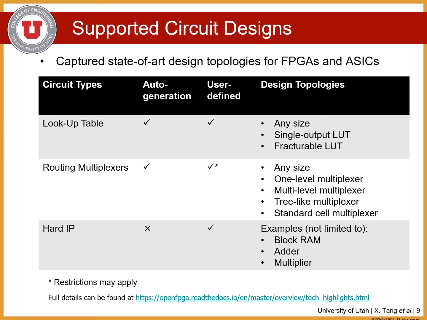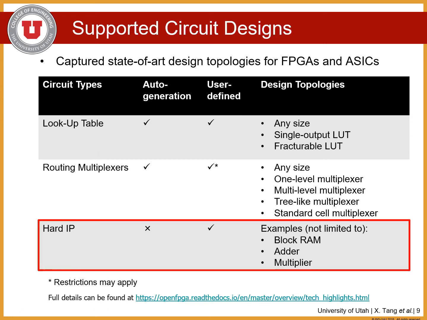This really unlocks the customizability of FPGA prototyping for different performance requirements. Moreover, we also support very flexible definition of hard IPs. For example, you may have a block RAM IP, adder IP, and multiplier IP to be integrated in your FPGA architecture, and we support all of them.